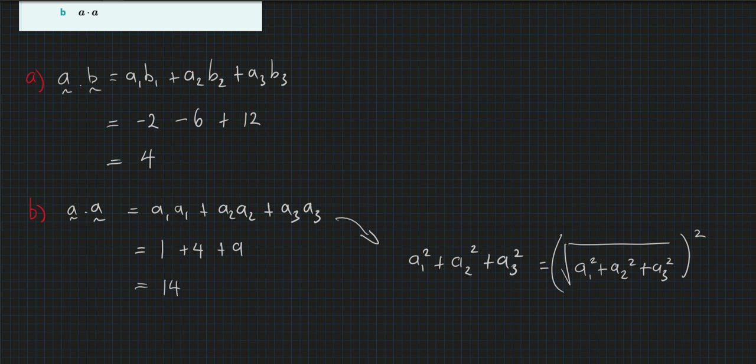And if you recognize, inside the bracket, that is just the magnitude of A, squared. Okay, so there's a little hint for you there. You can just see by doing it that A dot A is actually equal to the magnitude of that vector squared.